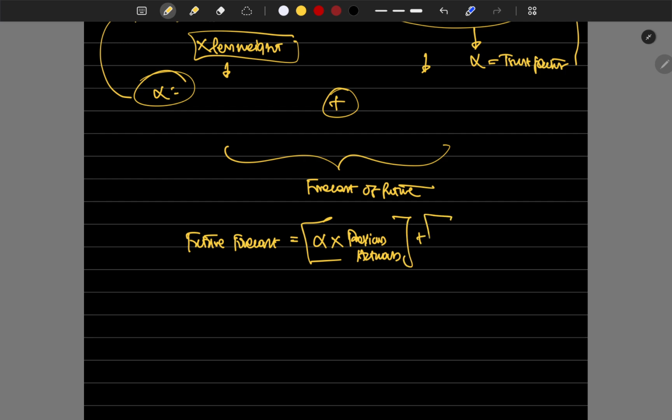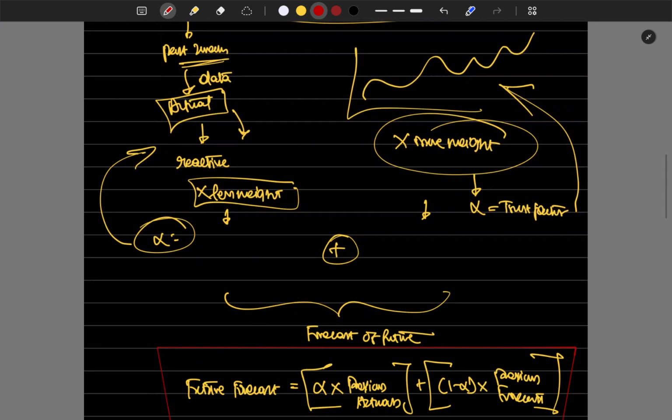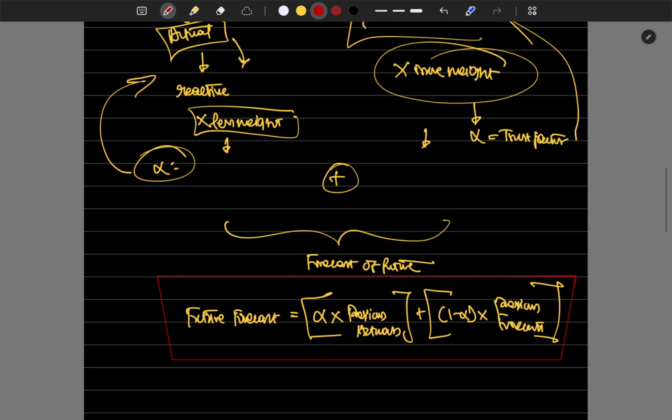Simple, easy formula. If we apply this formula, we'll get the answer for any exponential smoothing question. I hope you have understood the formula.